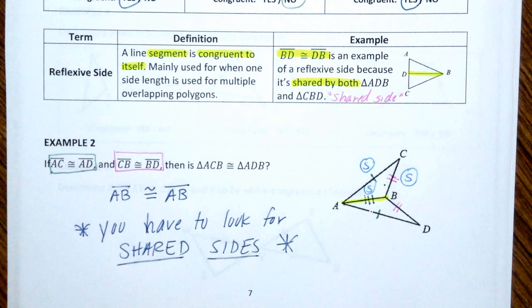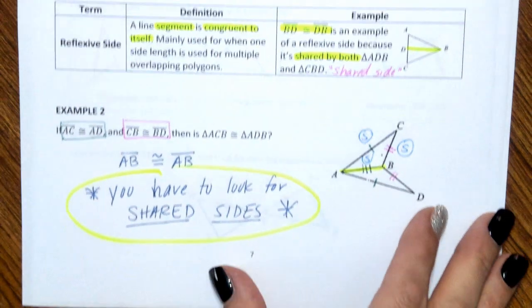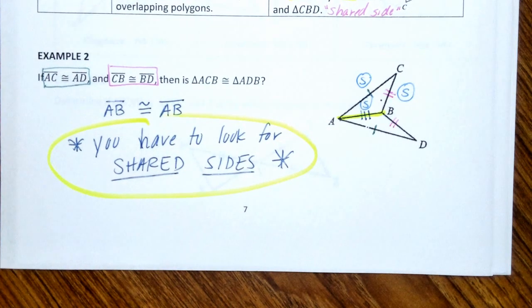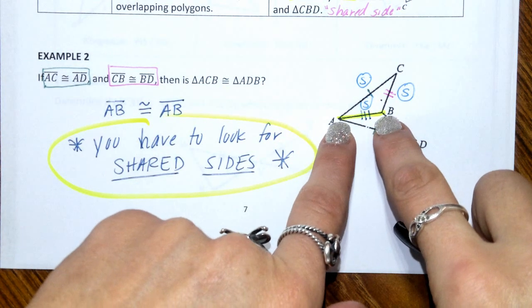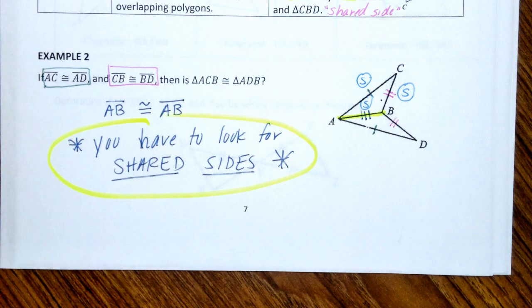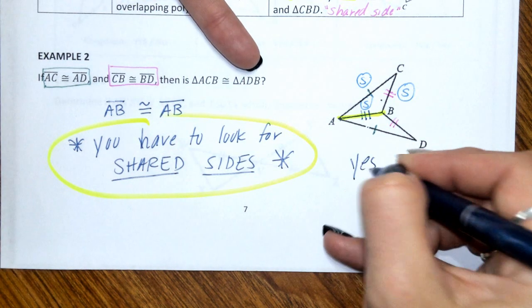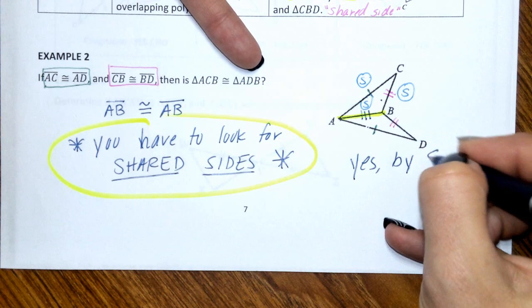This is extremely important. Okay? You will not be told that they are congruent. You're going to have to see 2 triangles connected, sharing that side, and they have to connect all the way. Okay? If they don't connect from one side to the other, if that one cuts off a little bit, they have to be the exact same length. Okay? So here, to answer the question, are they congruent? Yes. And we'll put here by SSS.